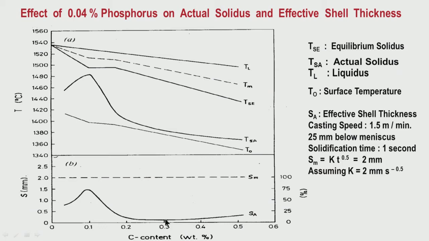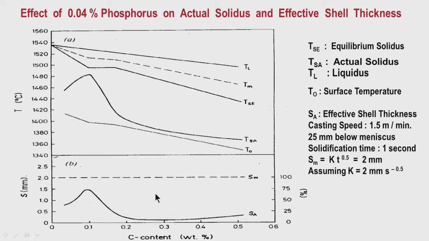Here the solid shell is very thin, hardly 0.2 millimeter. That means only 10% of the theoretical solid shell is actually solid, and the rest is mushy zone, because the mushy zone and the solid together constitute the shell, and of course liquid is there. So, the actual solid shell becoming thinner means the mushy zone is becoming thicker.